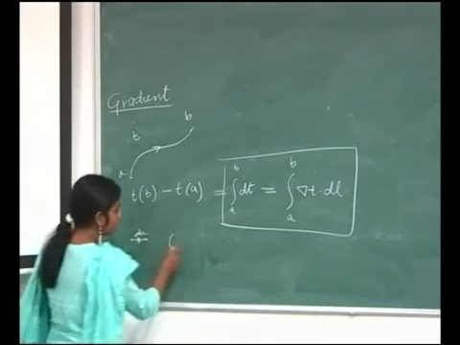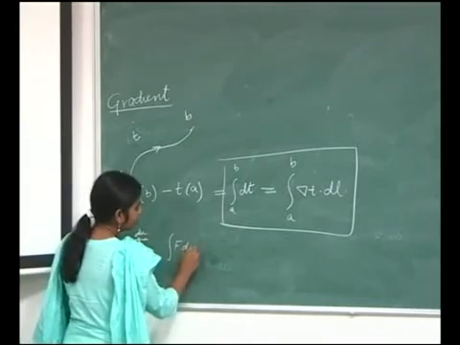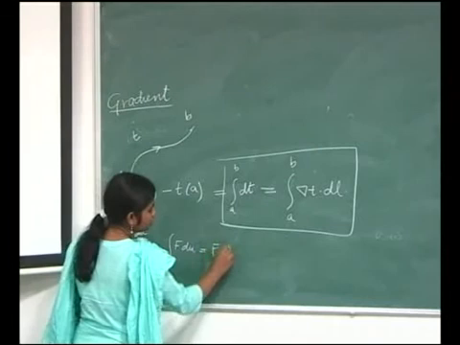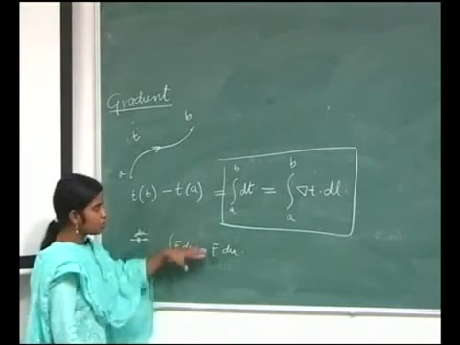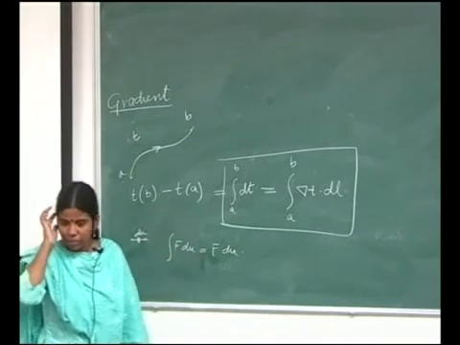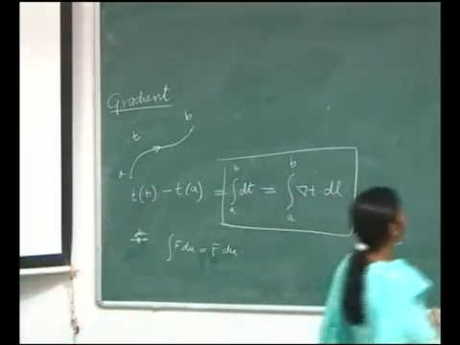So what will happen, then you can write that f du is actually equal to f du. This will be the same thing, right? So these two things we will have to keep in mind, okay. So now I will come here.